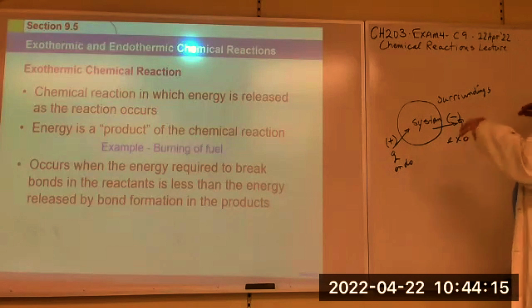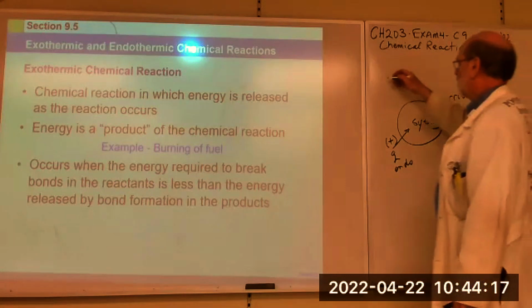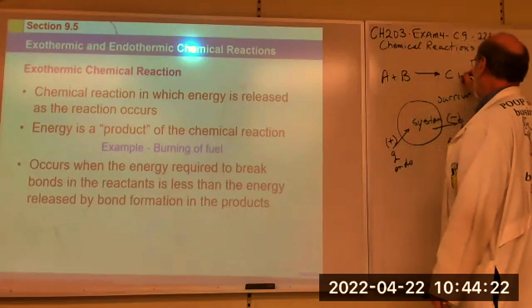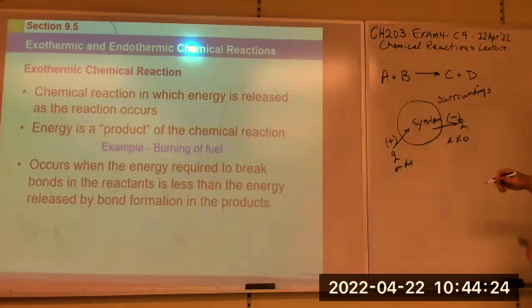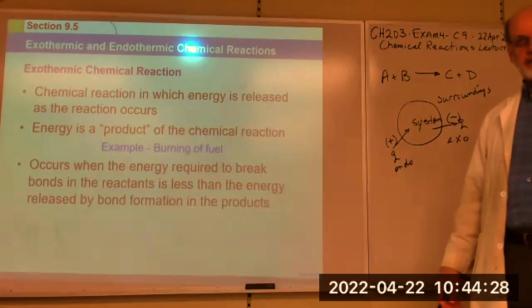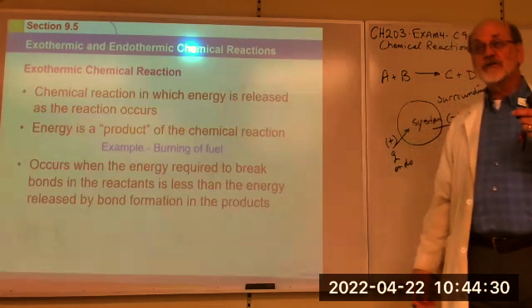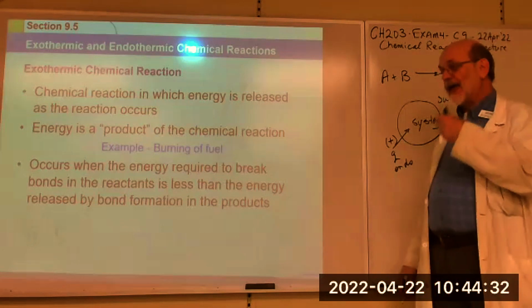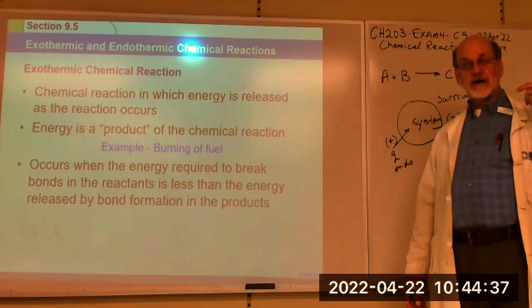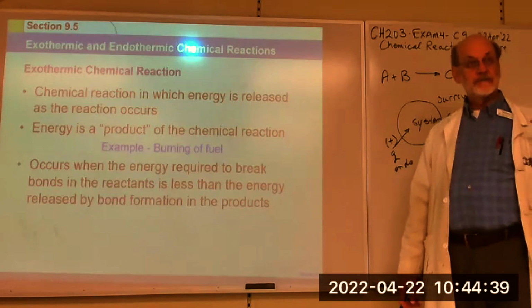When we write the reaction, say we've got reactants leading to products. Sometimes it's instructive, and particularly for our Le Chatelier's lab, it's instructive to consider the energy or the heat component as a reactant or a product.